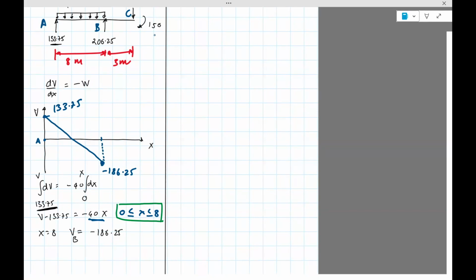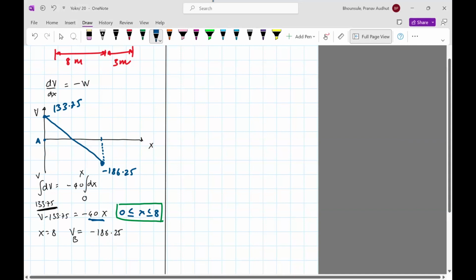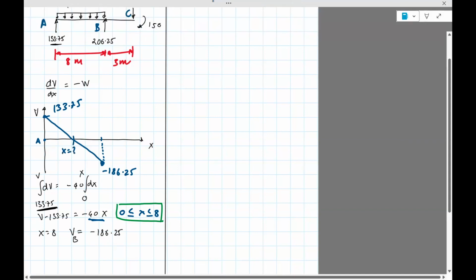Now, one particular thing of interest is where exactly this line intersects the x-axis. That can be obtained from the same equation. We need to compute x where V is 0.